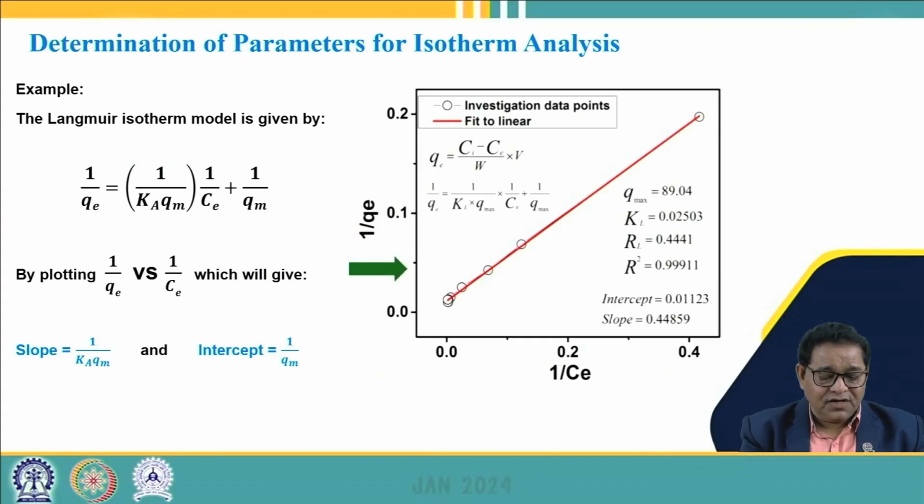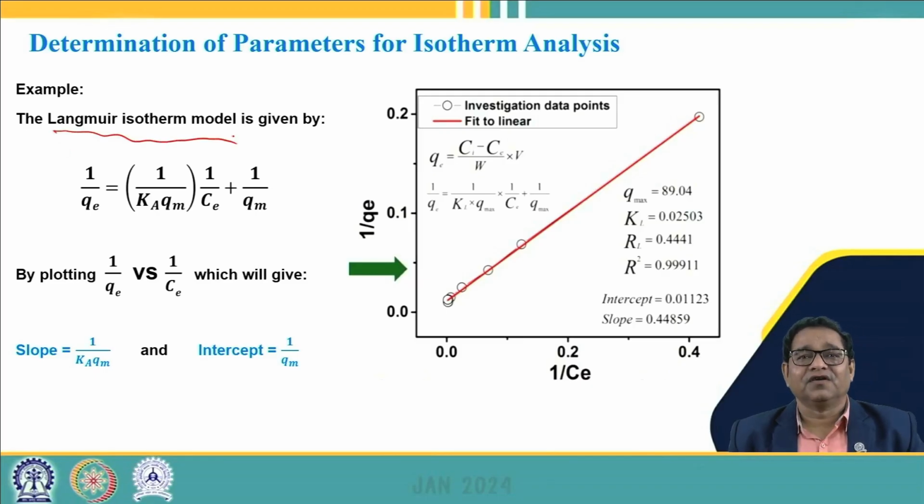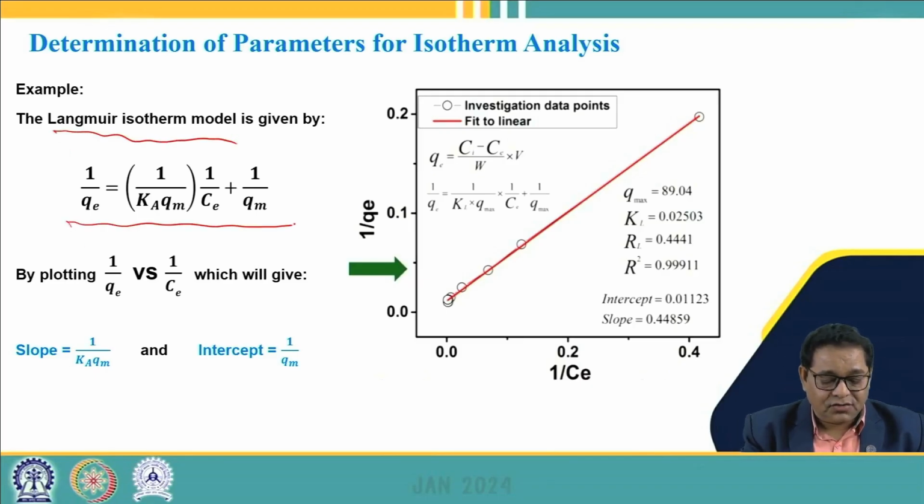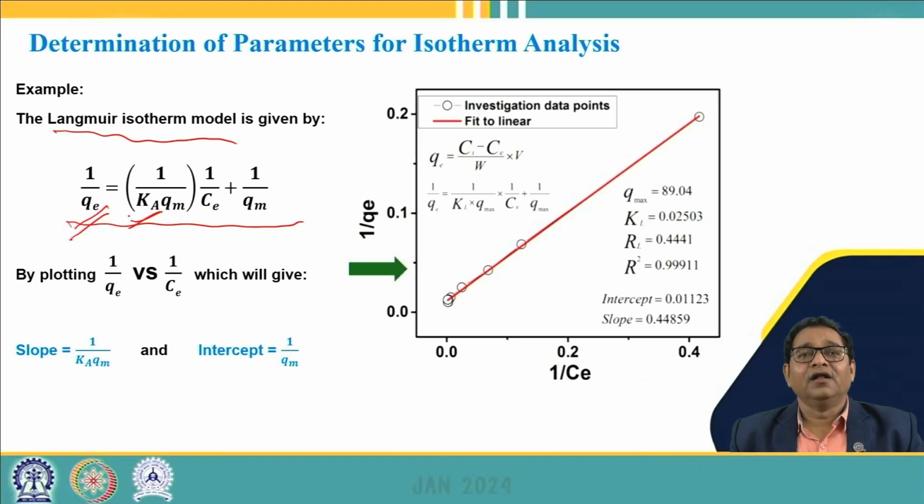Here, if we see the Langmuir isotherm, as in the previous lecture, the linearized form of this isotherm we can write as 1 by Qe equals 1 by Ka into Qm, multiplied by 1 by Ce, plus 1 upon Qm, where Qe is basically the adsorption capacity at equilibrium, Ka is the Langmuir isotherm constant, Qm is the maximum adsorption capacity, whereas Ce is the concentration of adsorbate remaining after equilibrium is achieved.